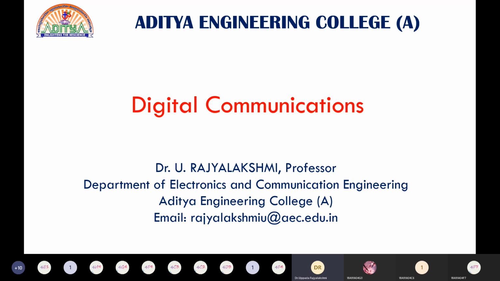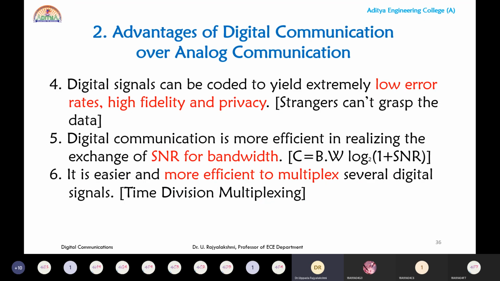Digital signals can be coded with low error rates because of the presence of channel encoder, giving high fidelity and privacy. Why privacy? Because you are encoding the data and adding certain check bits at the encoder, so that unwanted people cannot capture our data.